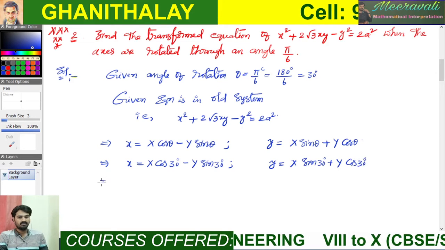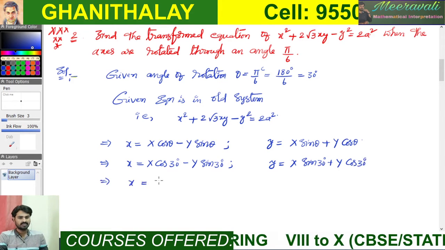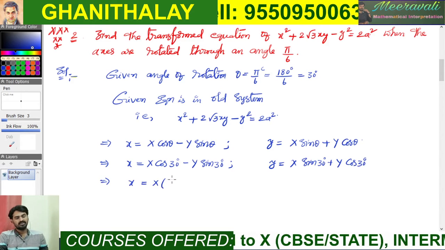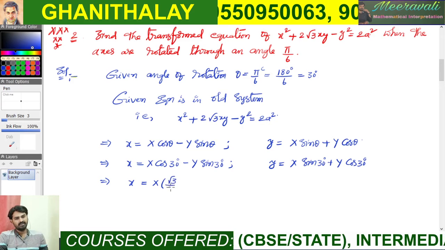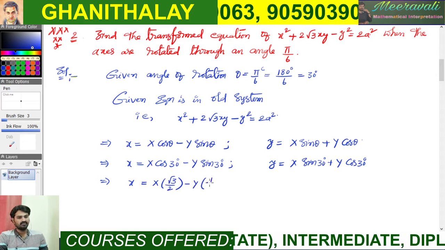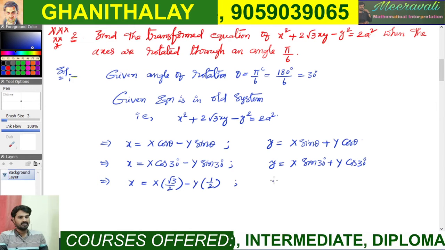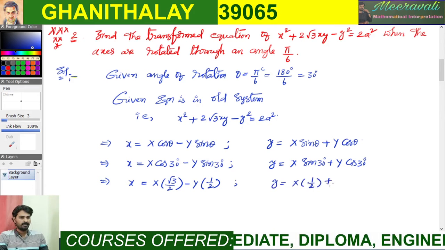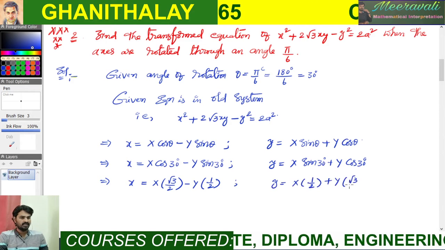Now you can simplify. Cos 30 value is root 3 by 2, and sin 30 value is 1 by 2. So x is equal to capital X into root 3 by 2 minus capital Y into 1 by 2. Next, y is equal to capital X into 1 by 2 plus capital Y into root 3 by 2.